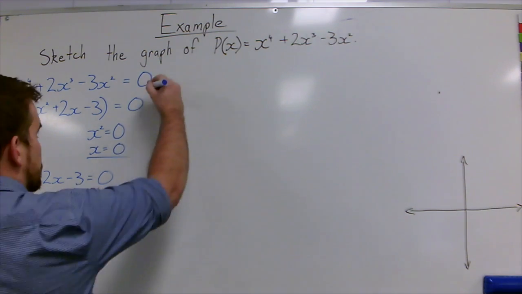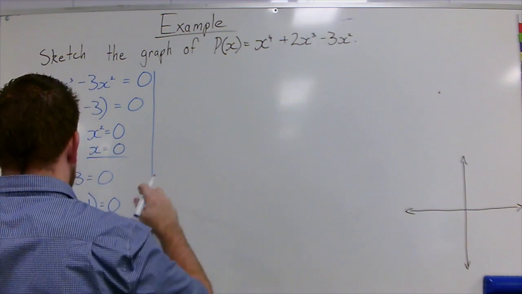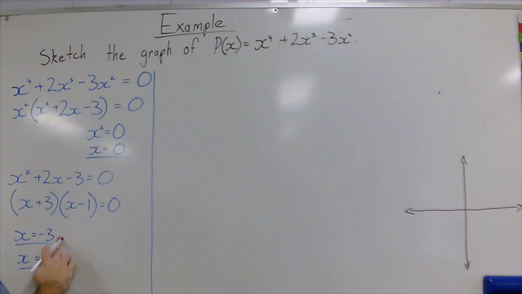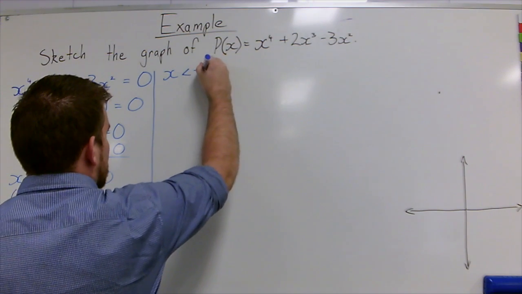Then we have to start testing in between the points. So going from left to right, we know that minus 3 will be our furthest to the left. So we want to check something that is further to the left, where x is less than minus 3.